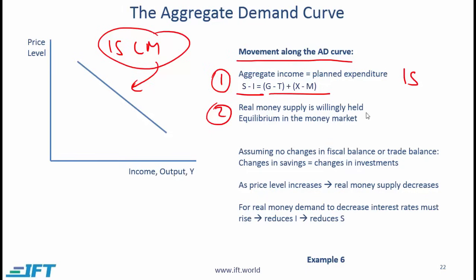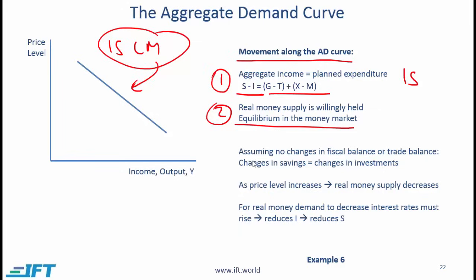In other words, we must have equilibrium in the money market. The way we expressed this on the earlier slide was by saying that the demand for real money is equal to the supply of real money. Let's look at a few more relationships.